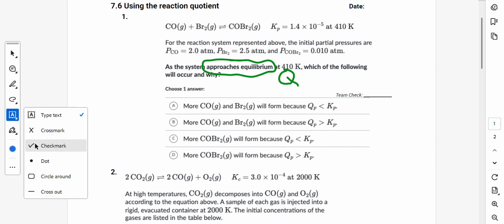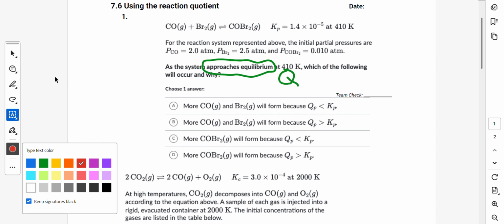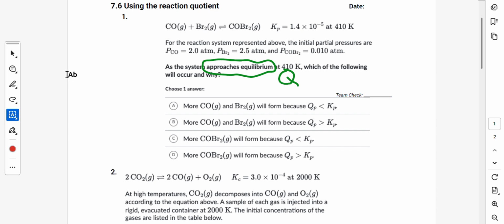So let me do that work right over here in this empty space. Let's bring that over just a little, and we're going to go K is equal to products, which, if I look over here, is 0.01, divided by reactants, which is 2.0 times 2.5.